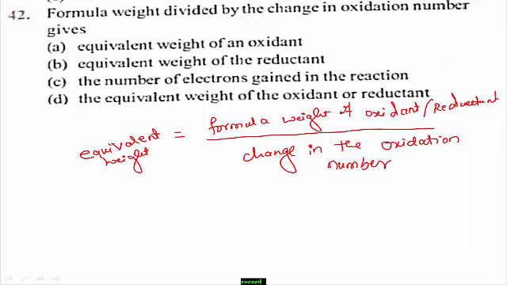Remember this formula. The equivalent weight of an oxidant or a reductant is equal to the formula weight of the oxidant or reductant divided by the change in the oxidation number. So if you know this formula, the right answer for the given question is option D, the equivalent weight of the oxidant or reductant. Option D is the right answer.